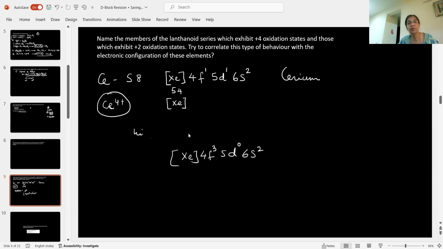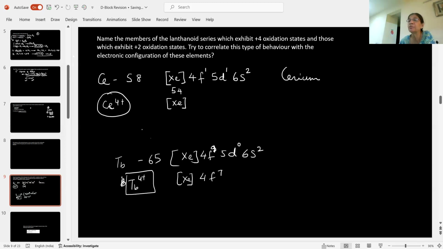So it is not promethium, it is TB, which is 65, and this is 4f9. Tb4+ will be xenon 4f7, and so its +4 oxidation state will be stable.